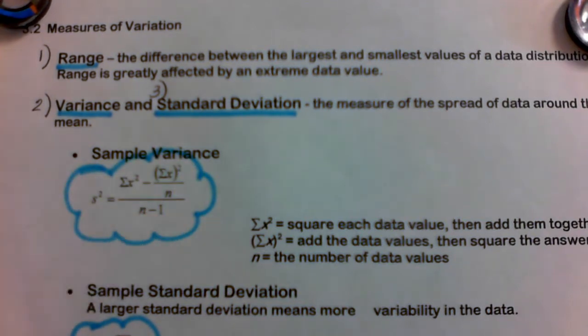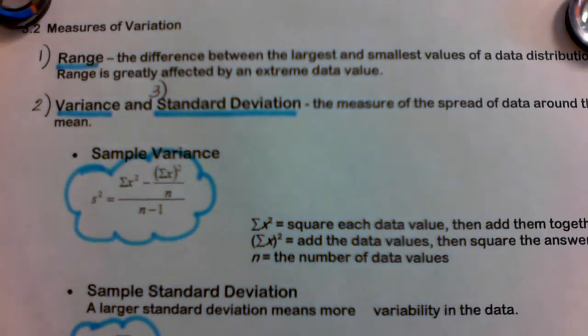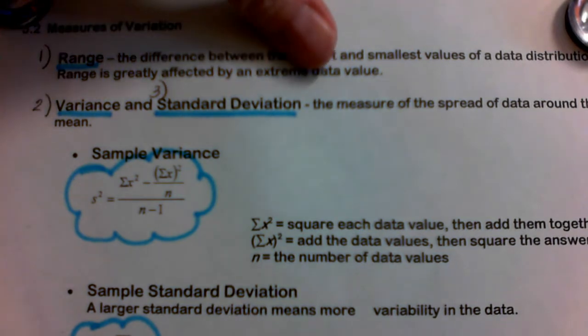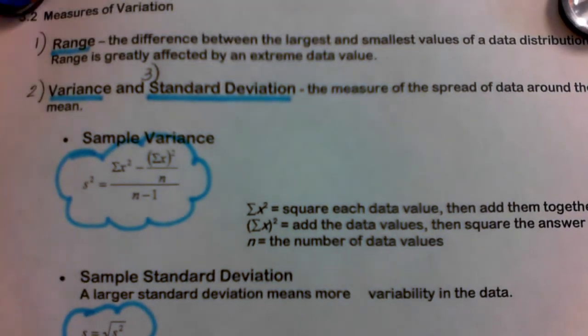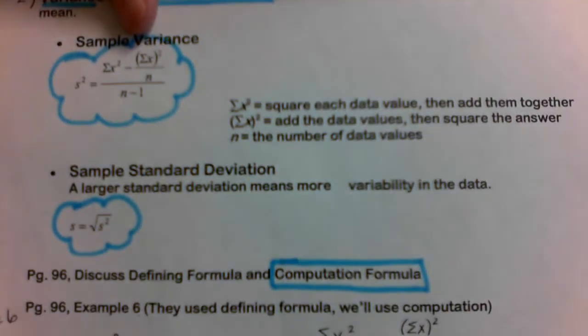Now, it looks a whole lot more complicated than it actually is. This reads the summation of X squared minus the summation of X to the second power divided by n minus 1. And here in a minute, we'll do that calculation, and I'll show you how to do it on your calculator.